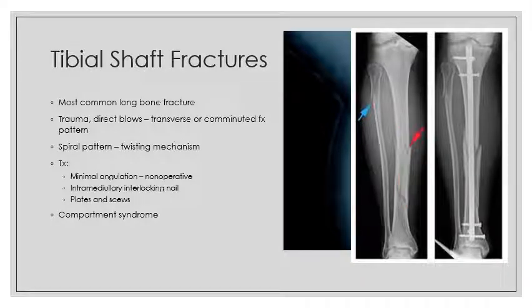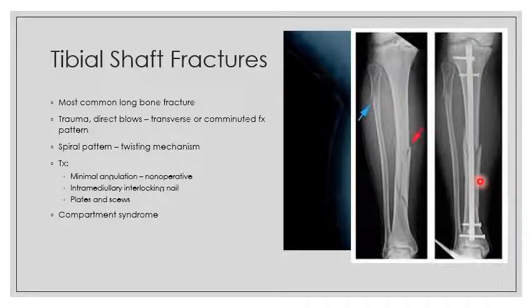So treatment, usually if it's minimally angulated, we put the patient in a cast. But for these types of injuries, we usually use intramedullary interlocking nail.